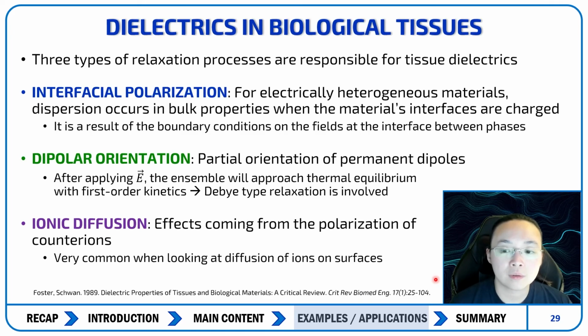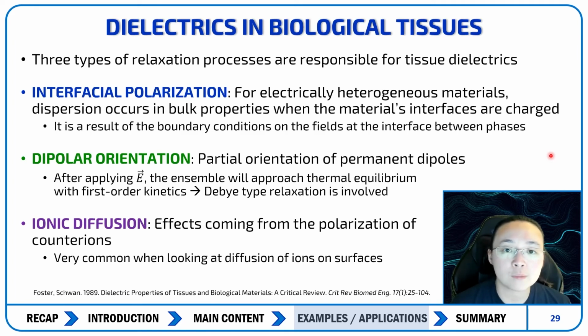So from this, when we're talking about dielectrics in biological tissues and relaxation events, there are three different processes that are responsible for dielectrics in tissues. These are the three main factors that affect dielectrics. There's something called interfacial polarization. Basically, this is a result of the boundary conditions that we talked about before.